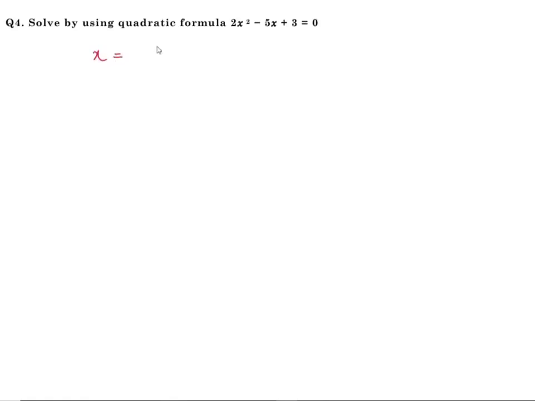Repeat with me: x equals minus b plus or minus root of b square minus 4ac, whole divided by 2a. Practice this quadratic formula. Definitely a 2-mark question will be asked based on this formula.